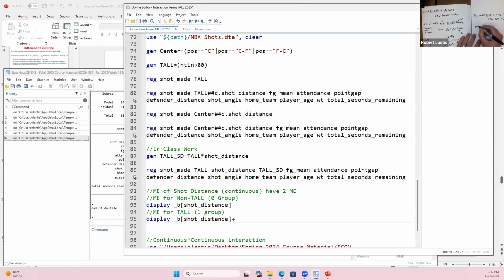So if I wanted the marginal effect of shot distance for my 0 group, or the group that wasn't identified as tall, that was simply going to be equal to beta 2. Or for the 1 group, if I took a derivative of this with respect to shot distance, I would have beta 2 plus beta 3 times tall, but the tall variable would be equal to 1. So I'd have the coefficient on the continuous variable plus the coefficient on the interaction term.